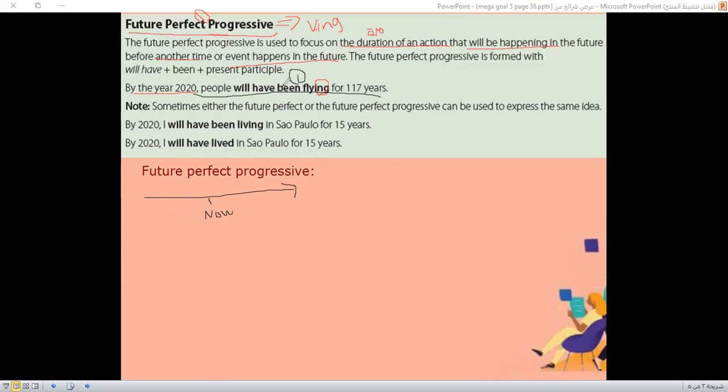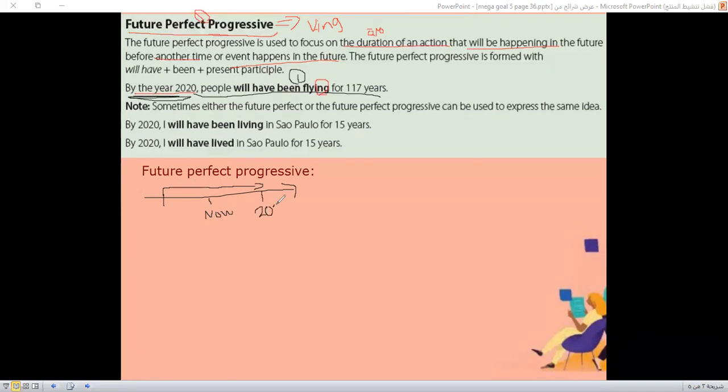So this action started first, it's going to be completed first, and it started in the past. This is the past, and this is the action. People have been flying in the past and until now, and also they are going to continue flying until what? Until the year 2020.